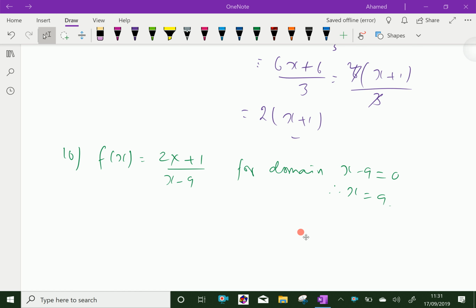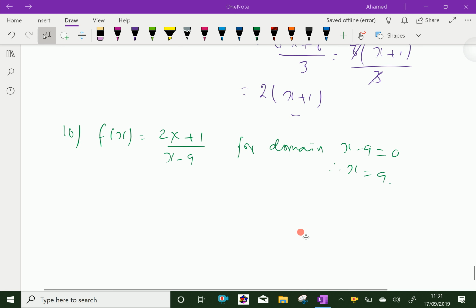So we should not give 9 for x, that is, if you give x as 9, it becomes 9 minus 9 is 0. So the denominator must not be 0, therefore the domain is all real numbers except 9.